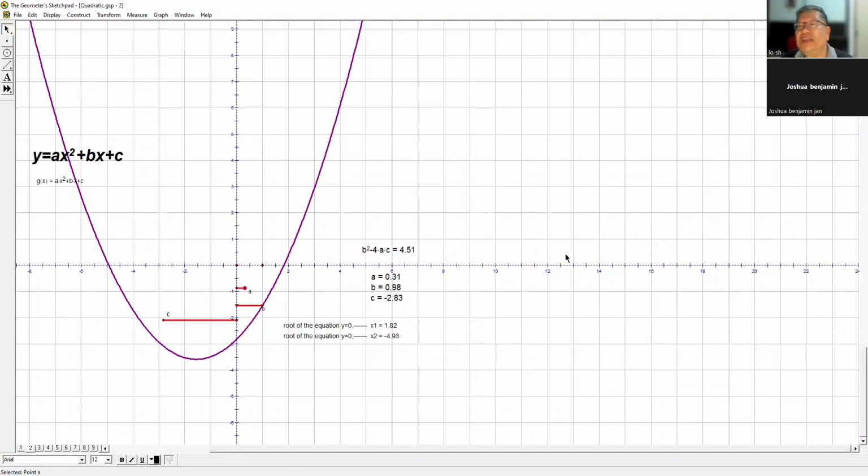Once you solve it, the two values of x are the two points where it cuts the x-axis. So that's what you can get from this ax squared plus bx plus c.